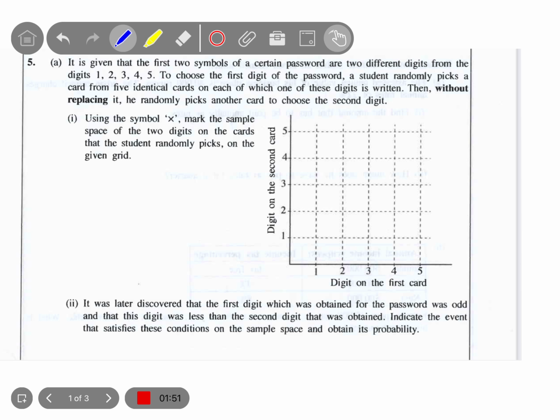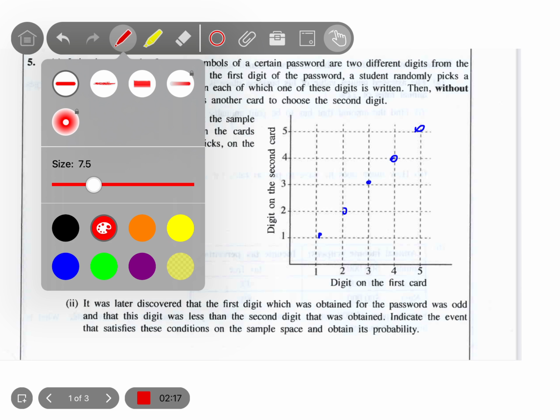Using the symbol cross, mark the sample space of the two digits on the cards that the student randomly picks on the given grid. This particularly means that once you take one card out, you can't take the same card again, right? So you can't have 1 1, 2 2, 3 3, 4 4 and 5 5, right? Anything other than that is possible. So except for that, you have to mark the remaining ones.